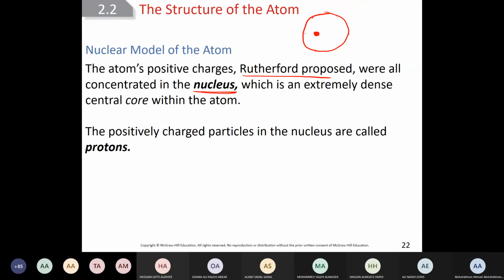Okay? Then another scientist, you must memorize the name. Mosley, a student of Rutherford. He was working with Rutherford.